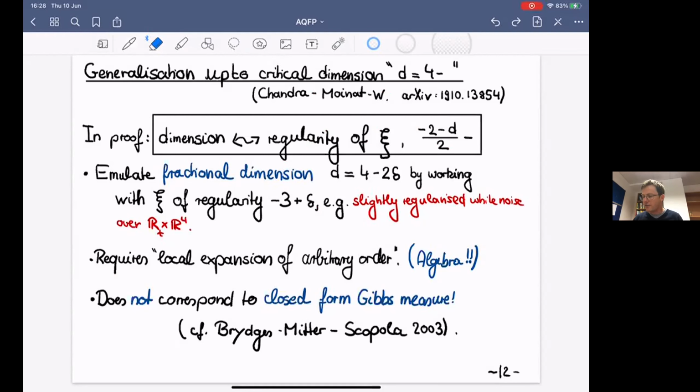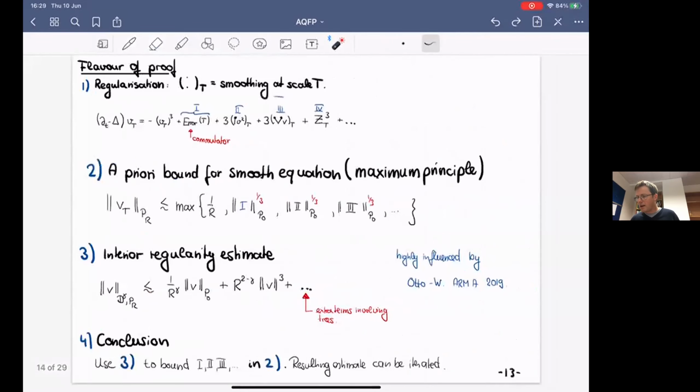There's actually a different way of emulating the phi-4 theory in fractional dimensions. There's this work by Brydges, Mitter, and Scoppola, and what they do, instead of playing with the regularity of the noise, is they put fractional powers of a Laplacian. That's something we're thinking about, to see if our analysis still works, and I'm confident, but that's that.